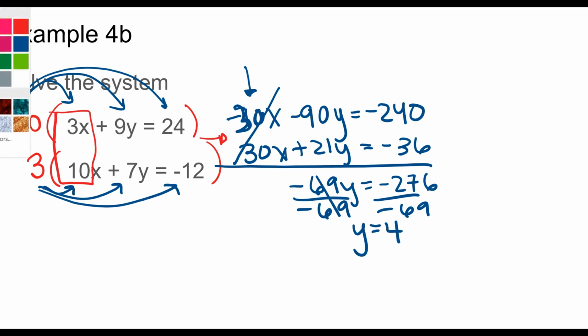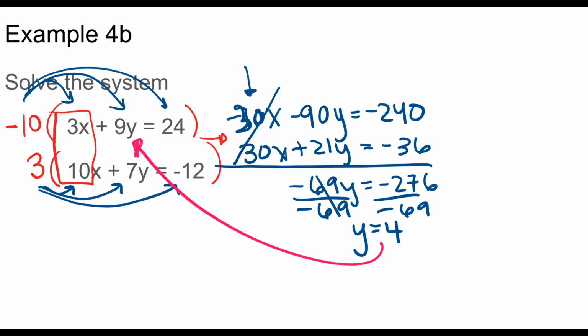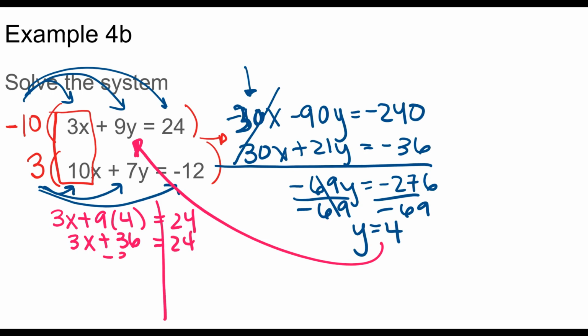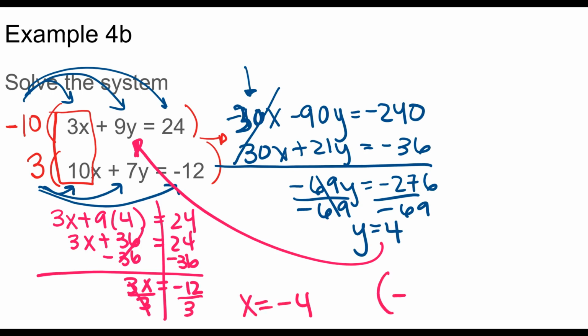We're going to take that 4 and plug it in for y here. So we've got 3x plus 9 times 4 is equal to 24. That's 3x plus 36 is equal to 24. Subtract 36 on both sides, and we get 3x is equal to negative 12. Divide both sides by 3. x is equal to negative 4. That's the ordered pair, negative 4, 4.